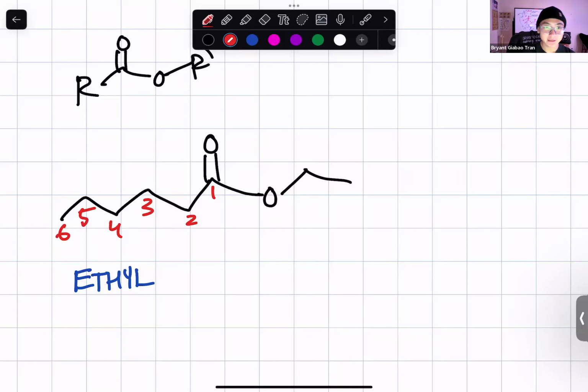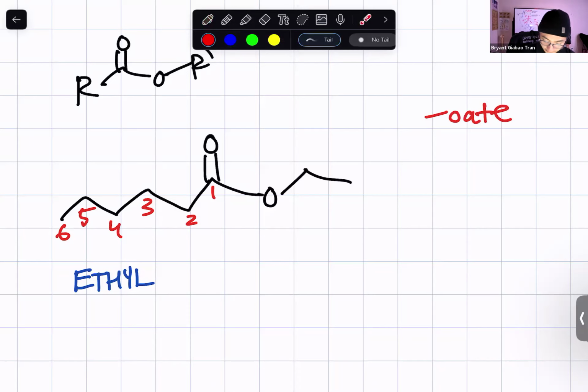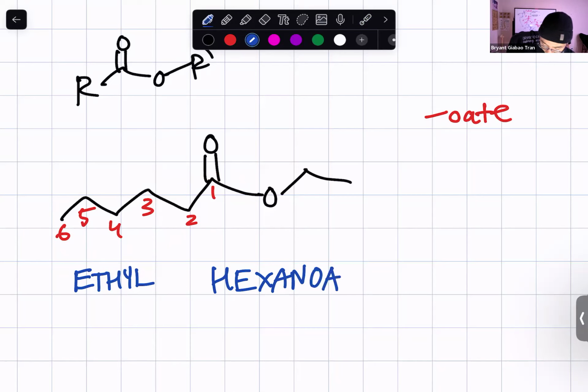The suffix name of the ester is going to be oate, like that. In this case, since we have 6 carbons as the longest chain, it's going to be hexane, not hexene, because we don't have an alkene. We have an ester. So that's going to be hexanoate, like that.